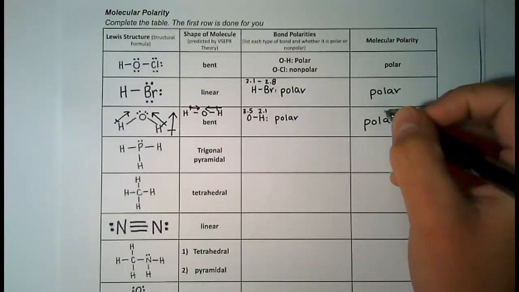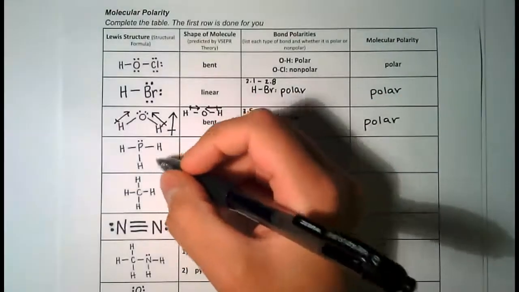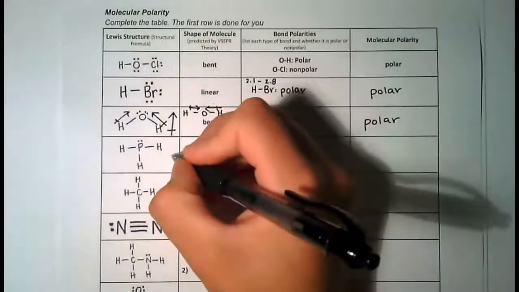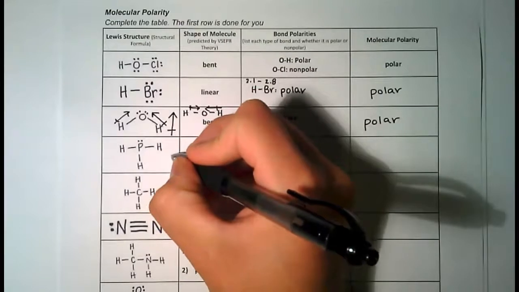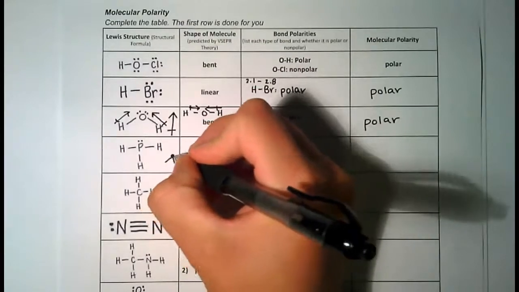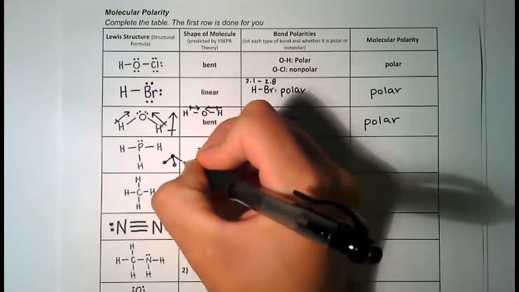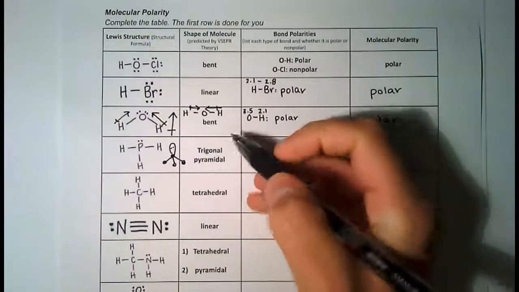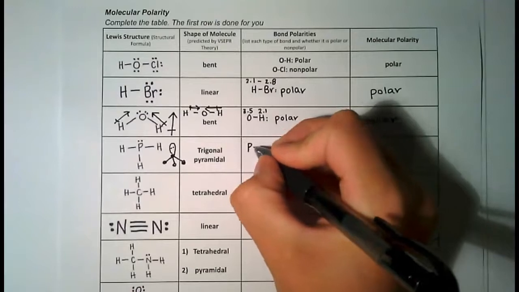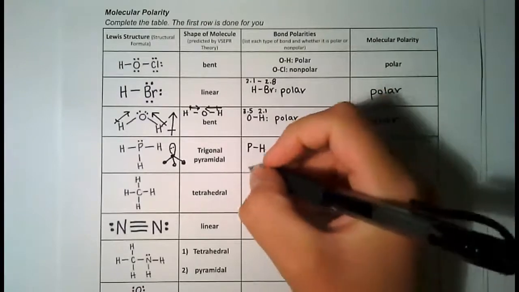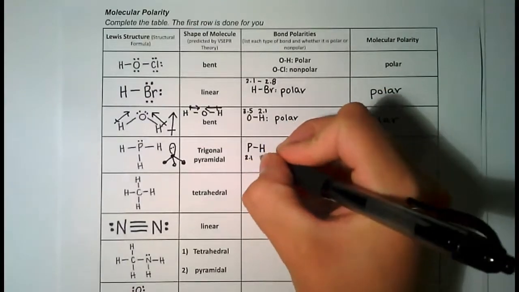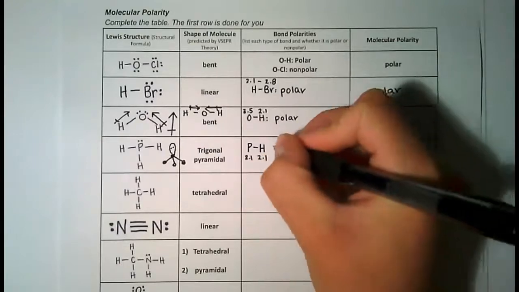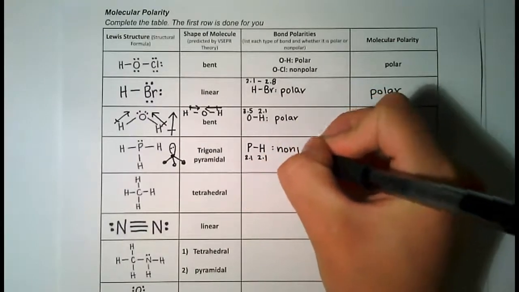Next we have PH3, which is a trigonal pyramidal model. It looks sort of like this, with one atom in the middle, and then we have 3 atoms off the bottom, and then we have our lone pair at the top. But this PH bond, phosphorus with 2.1 and hydrogen with 2.1, is a nonpolar bond.